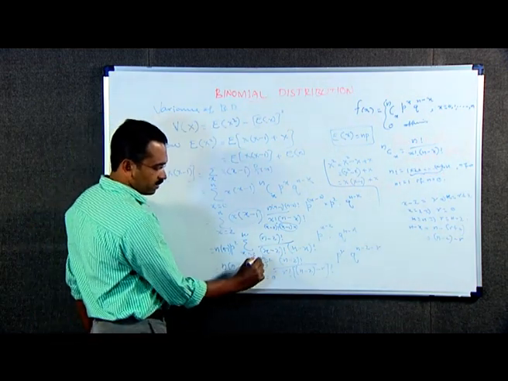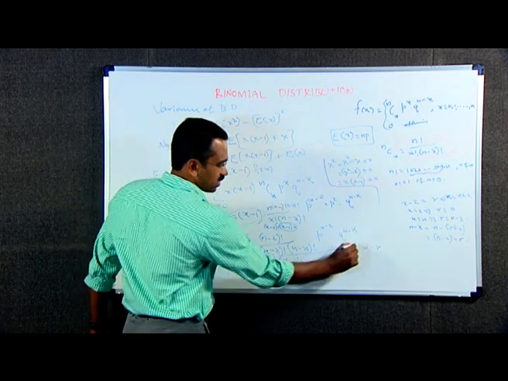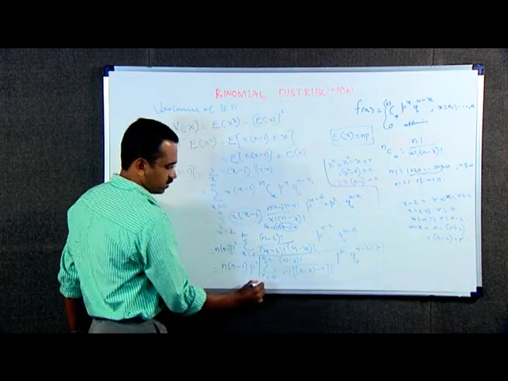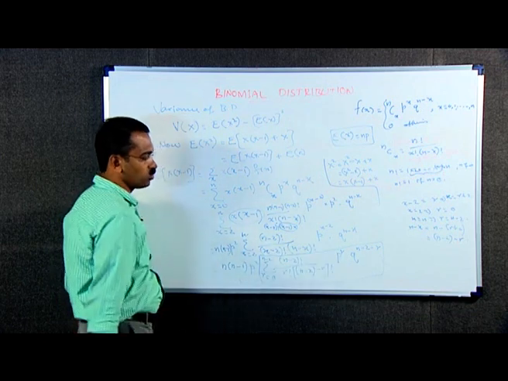This is the binomial expansion of q plus p raised to n minus 2.